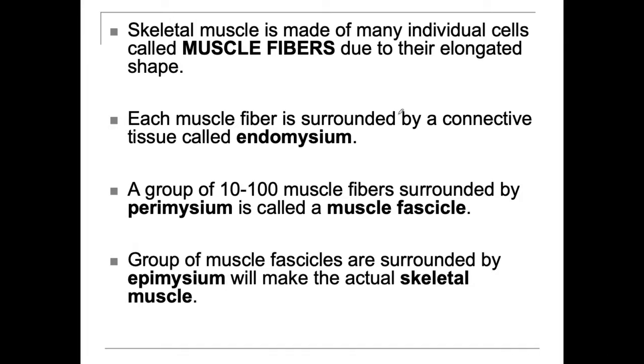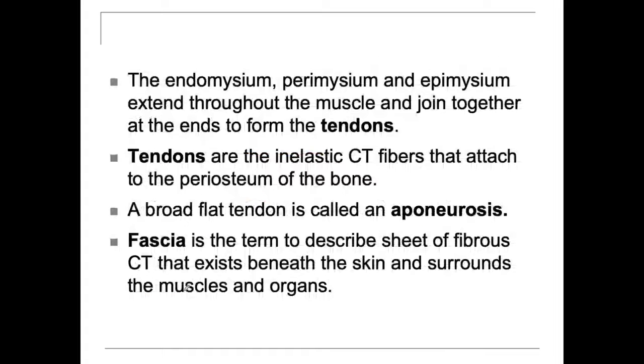Okay. So each muscle fiber is surrounded by a connective tissue called an endomysium. You can have a group of anywhere from 10 to 100 muscle fibers surrounded by a perimysium. It's also known as the muscle fascicle. And then you have a group of those fascicles surrounded by an epimysium. Okay.